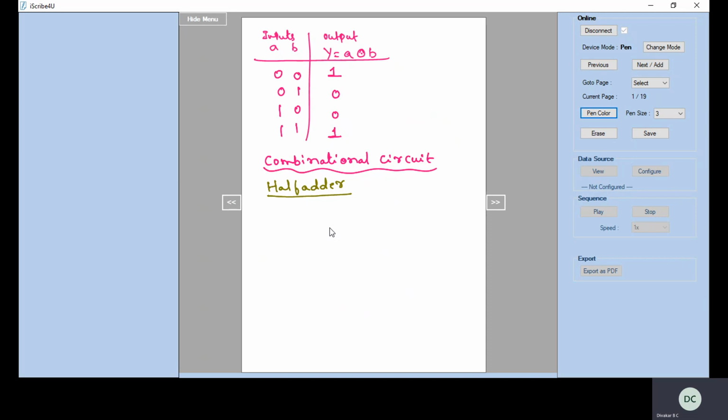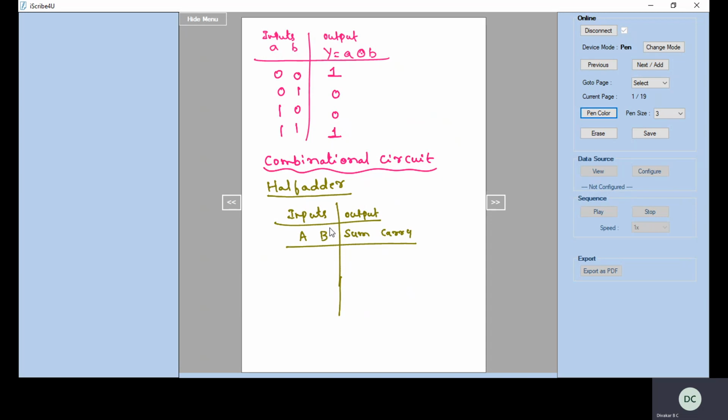So now let us consider a half adder. A half adder is a combinational logic circuit used to perform the addition of two binary values, and the output is sum and carry. Let us take the inputs as A and B. The output is sum and carry.